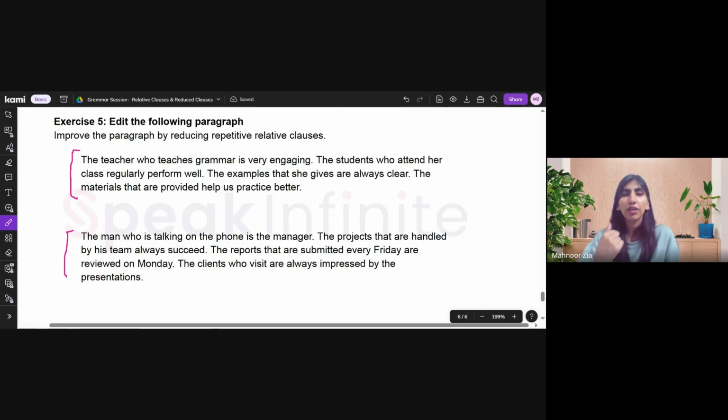So I would want you to rewrite this using relative clauses, either defining or non-defining. You can take the first one, you can take the second one, up to you. Okay? Have you understood it? You can rewrite it in the chat box. Let's have 5 minutes for this task. Rewrite it in the chat box, please.